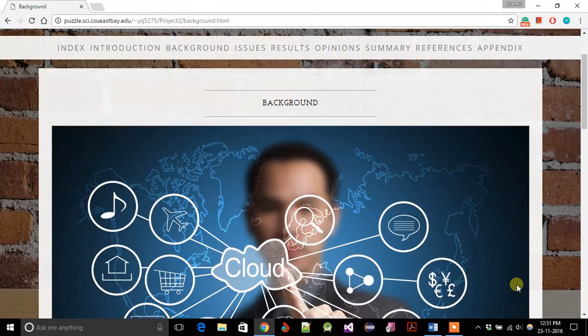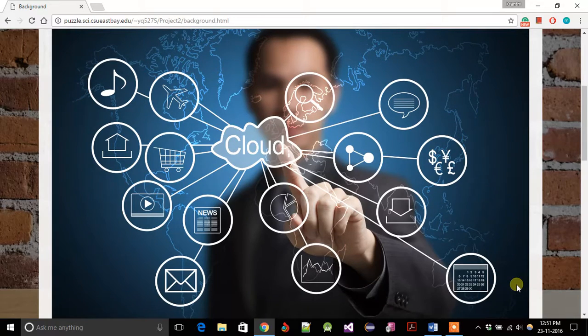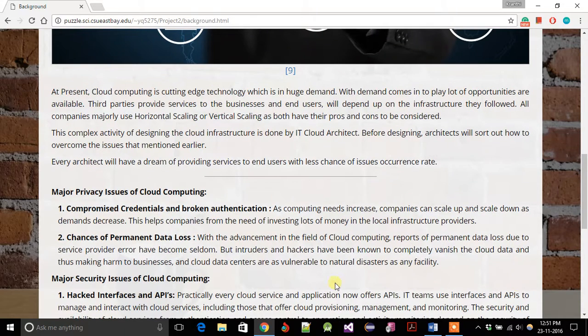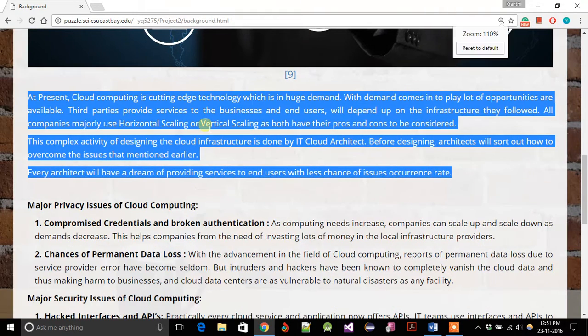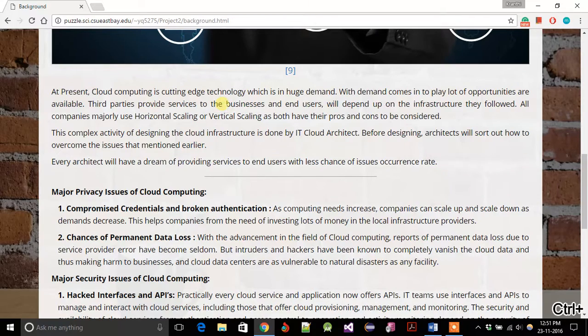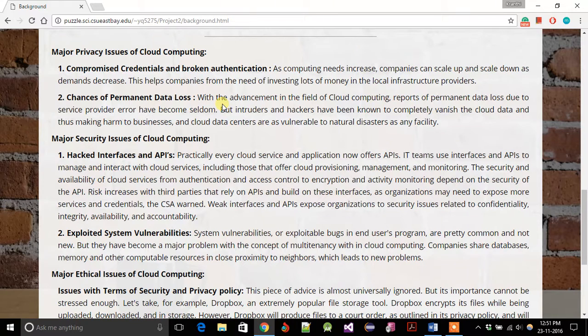The next is background. In background, we give a description and the history of the issue. Here we can find the description. The major cloud computing providers use either vertical scaling or horizontal scaling, which is how they arrange their systems, and these are the major privacy issues of cloud computing.